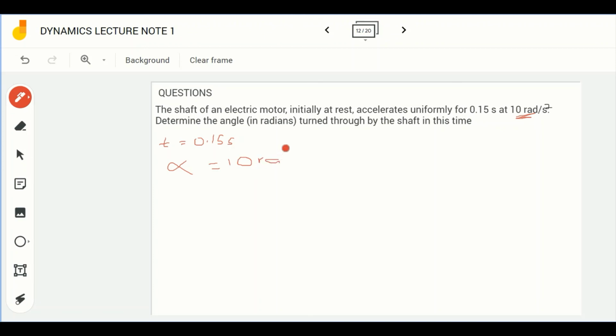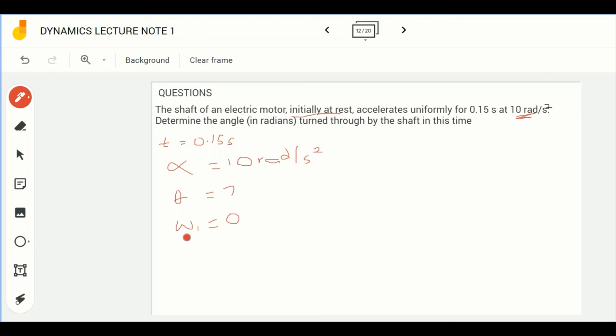Now, it says determine the angle in radians turned through by the shaft in this time. So my angle theta is unknown. And please remember that it says the shaft was initially at rest. That means my omega 1, my initial angular speed, is 0.